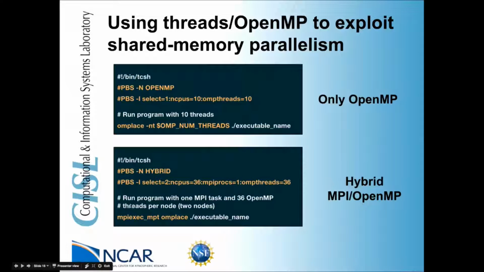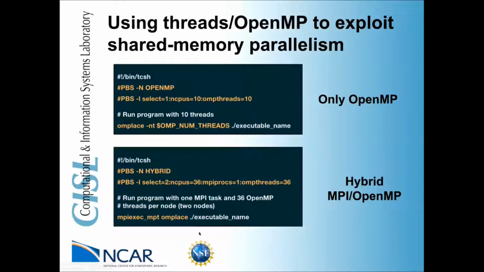So when I do that, I specify this here, and then I just say omplace. I don't have to give it any of these options because omplace will take what's available in this resource statement from PBS and then specify that to the executable. So it kind of handles everything behind the scenes, which is nice. And you can have finer grained control if you want. There are options available and they're documented, but this is just a basic example.